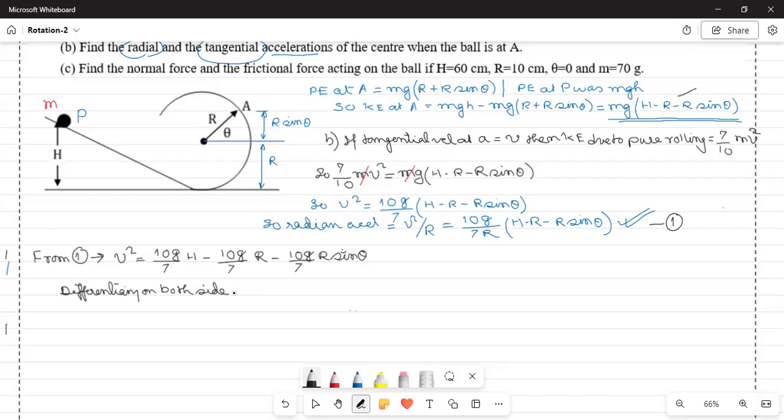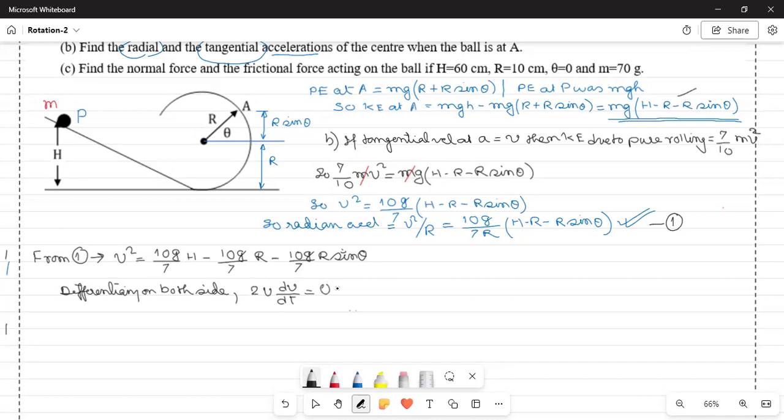Differentiating on both sides, what we find? 2v dv/dt is equal to, differentiation of 10gh by 7 is 0 because it is neither a function of t nor a function of theta.